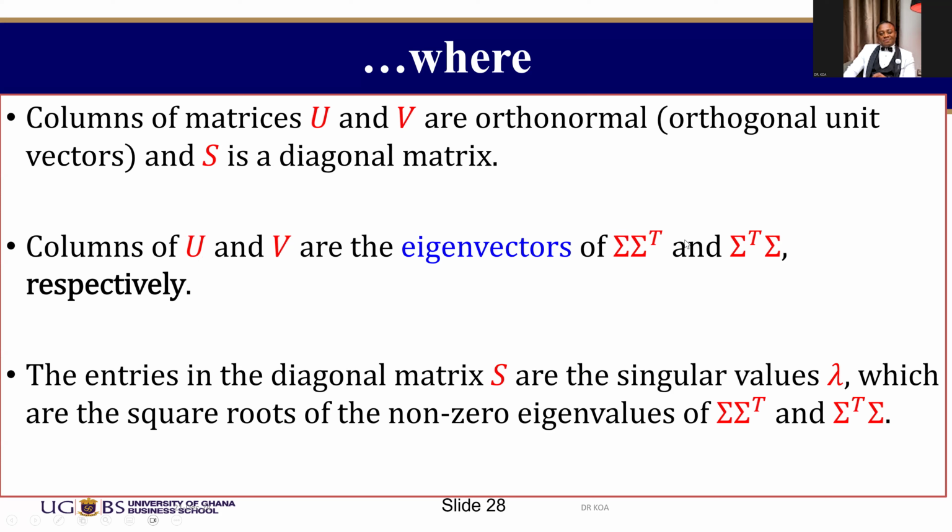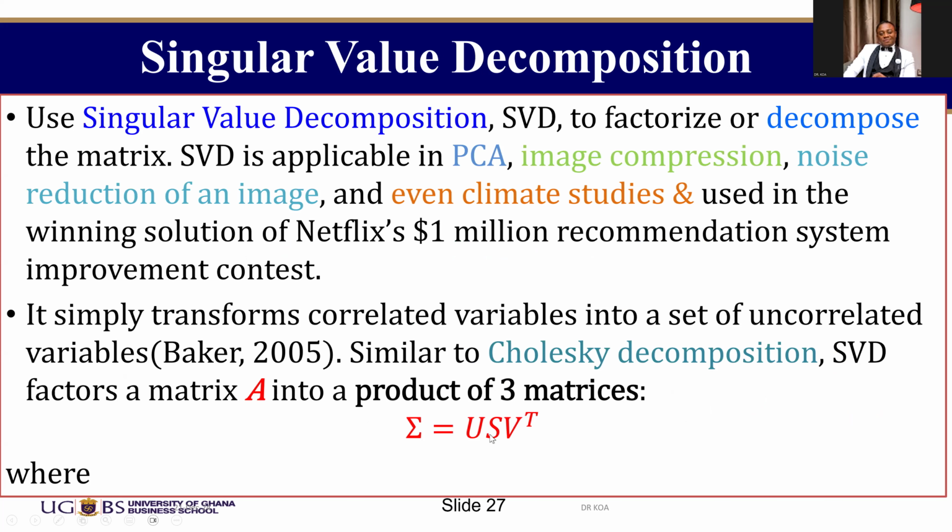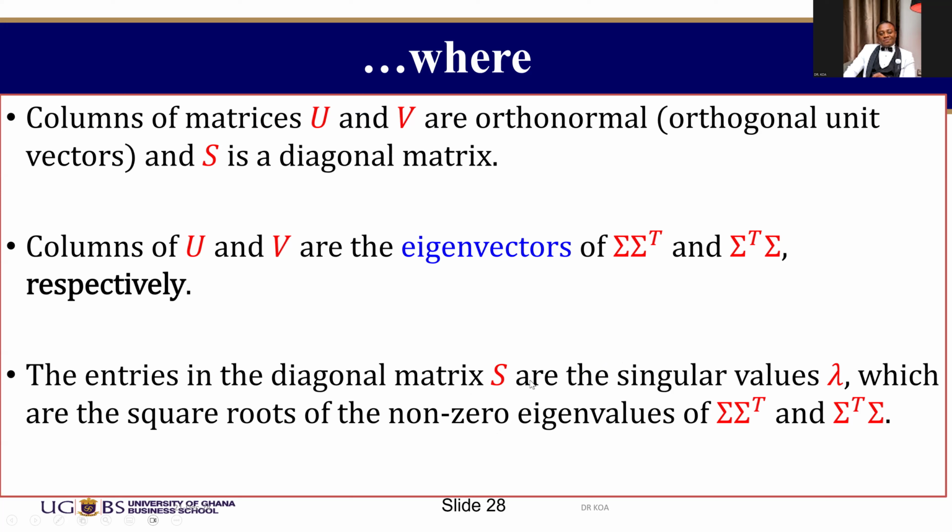This I'm told you have already been taught, so I'm not going to go into the details of singular value decomposition. Once you have this, you will have the diagonal matrix S. When you look at it here, you see that S is the diagonal matrix, and its entries are the singular values, which are the lambda.